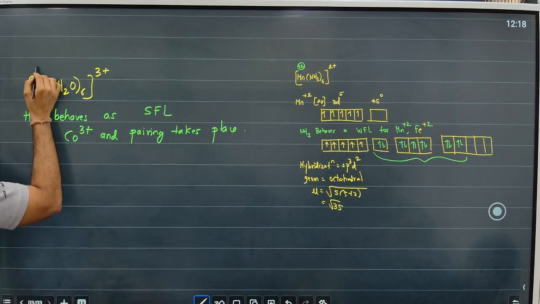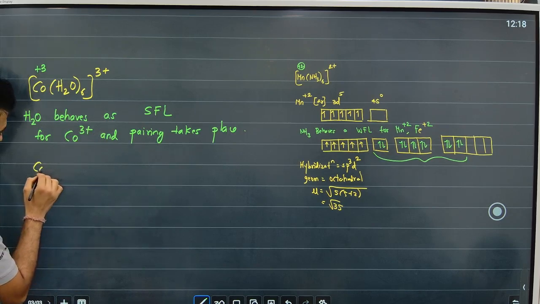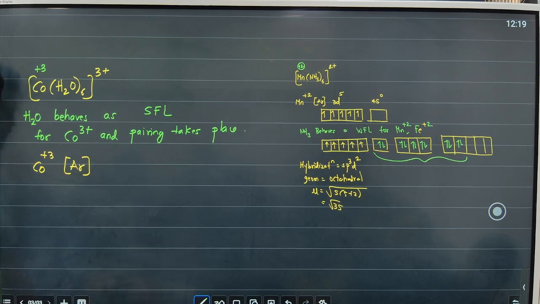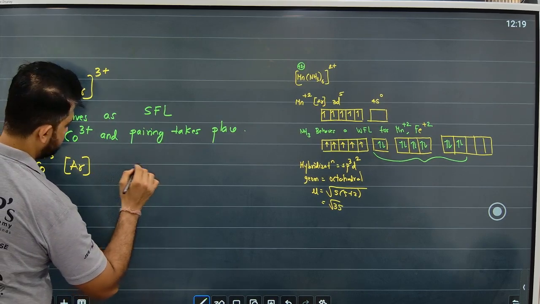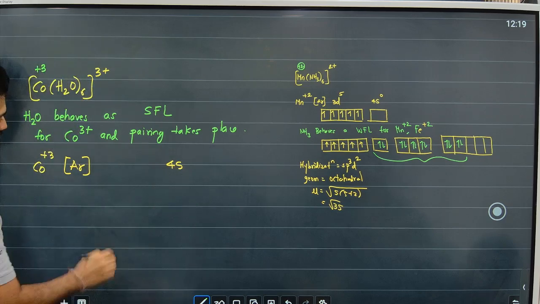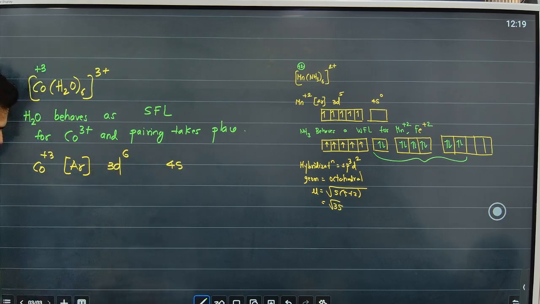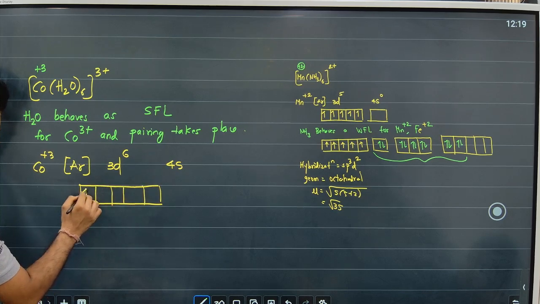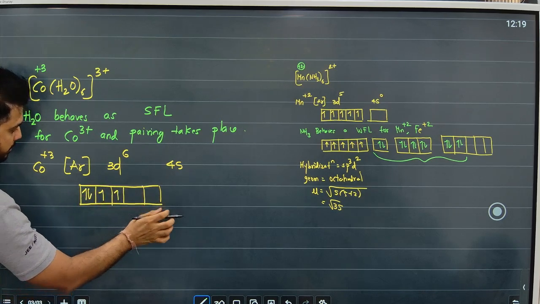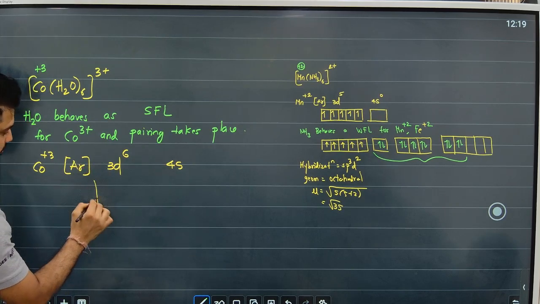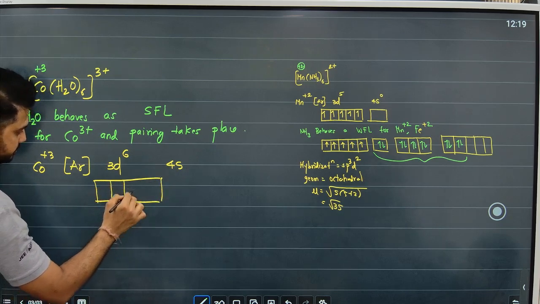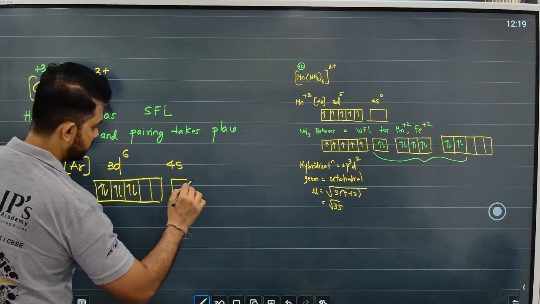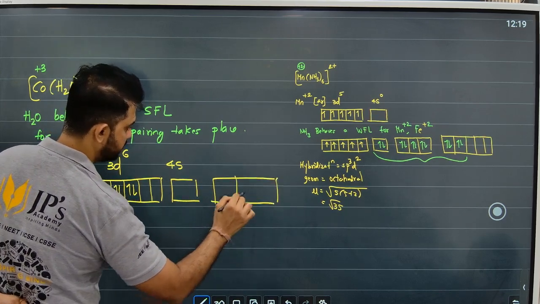चलो जल्दी जल्दी. Charge on cobalt? +3. What is the electronic configuration? Argon. Excellent. 4s0, 3d6. Very nice. चलो. Oh, sorry. Pairing takes place, तो directly बना रहा हूँ मैं. आगे का कर सकते हैं हम.